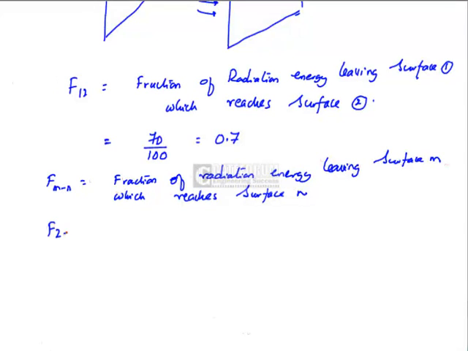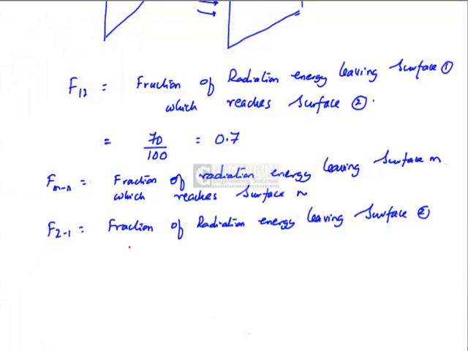Similarly, F21 is the fraction of radiation energy leaving surface 2 which reaches surface 1.